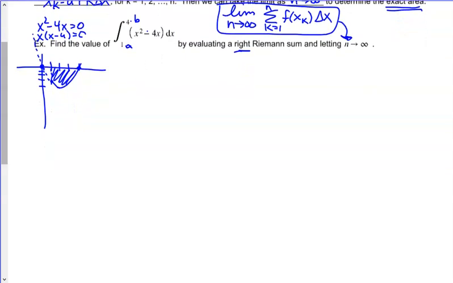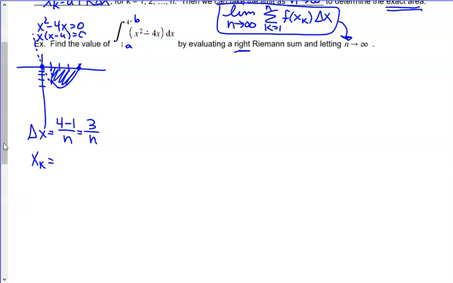All right, so what I want you to first do is figure out what delta x is. That's by taking b minus a all over n, and this time we don't know what n is. We're just letting it be generic because eventually we're going to let n go to infinity. The next thing you want to do is find your grid points, x sub k.